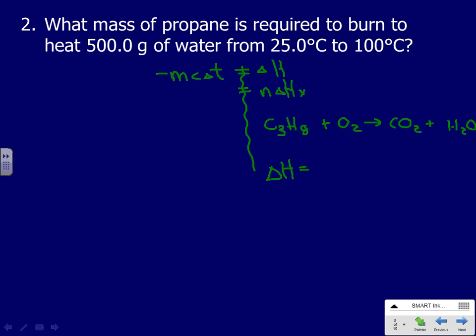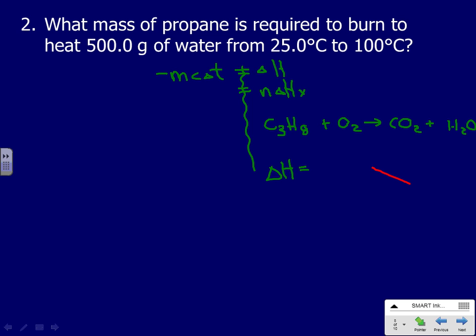I'm going to let you guys go. You can talk with a neighbor or work with a partner, but ultimately, we need a balanced equation. We need to use our table with all of our heats of formation. We need to get a number, and then we need to figure out this side, and then we ultimately need to figure out N. I'm going to give you some warnings here ahead of this whole situation.